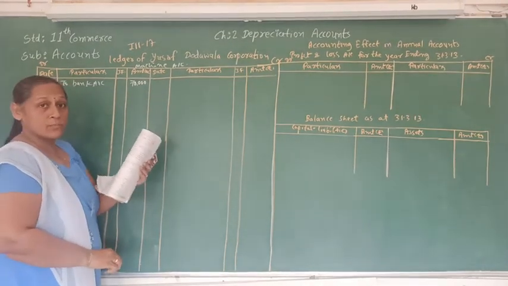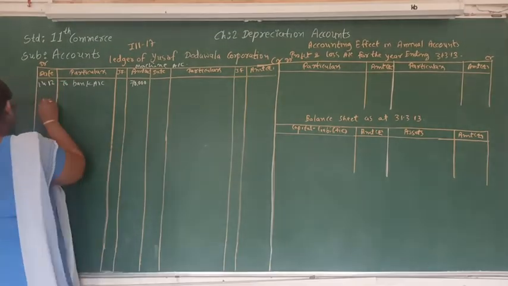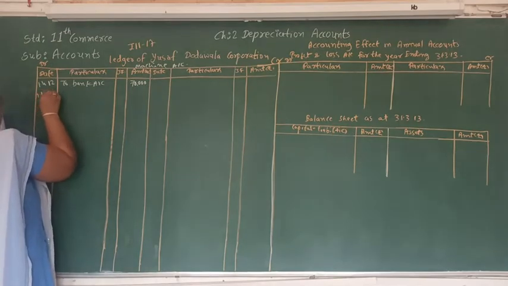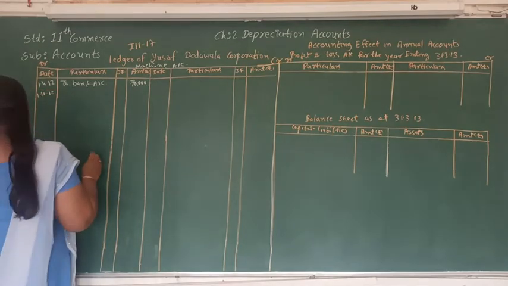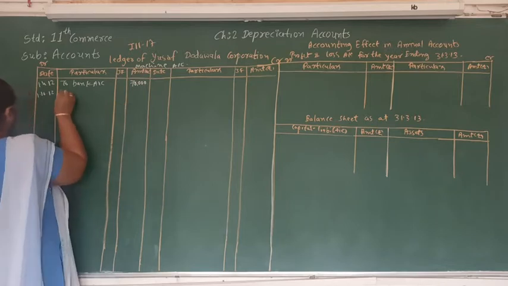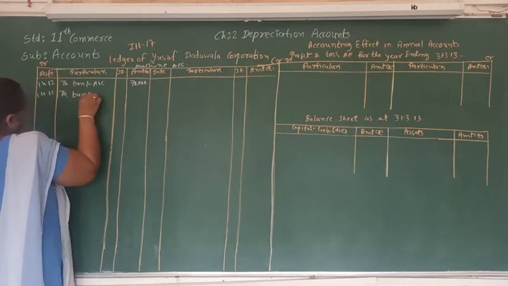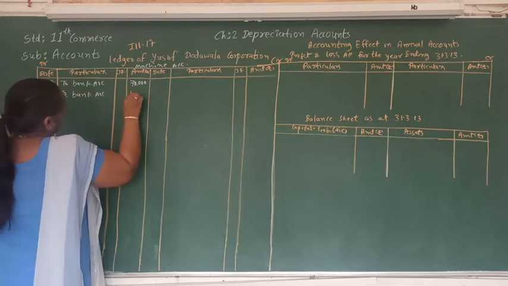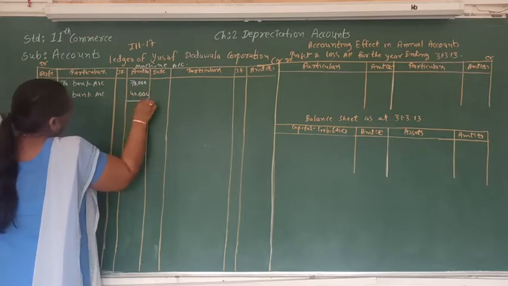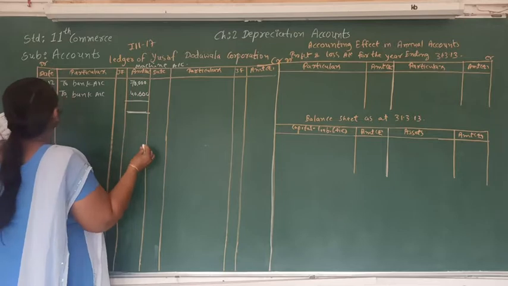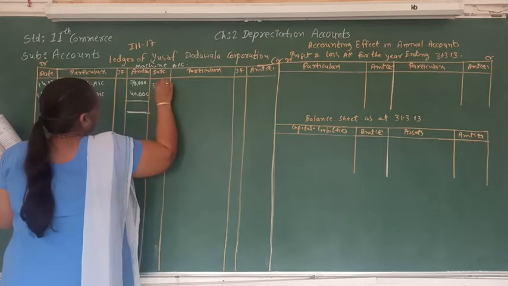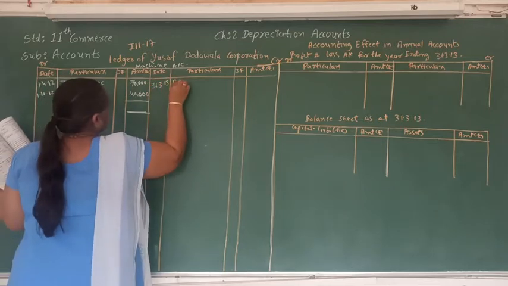Immediately after 6 months, that is on 1/10/12, we have purchased the second machine, and that is for 40,000. So here again, to bank account 40,000. And depreciation we have already calculated, and that is on 31/3/13 by depreciation account.